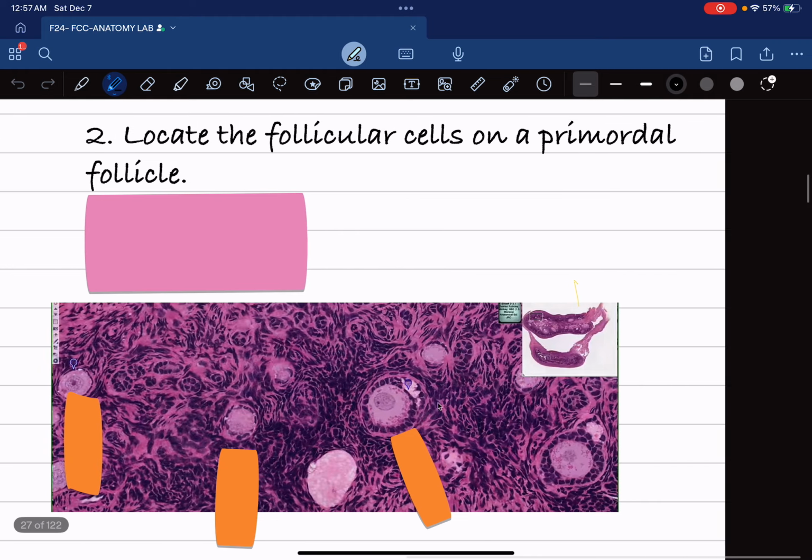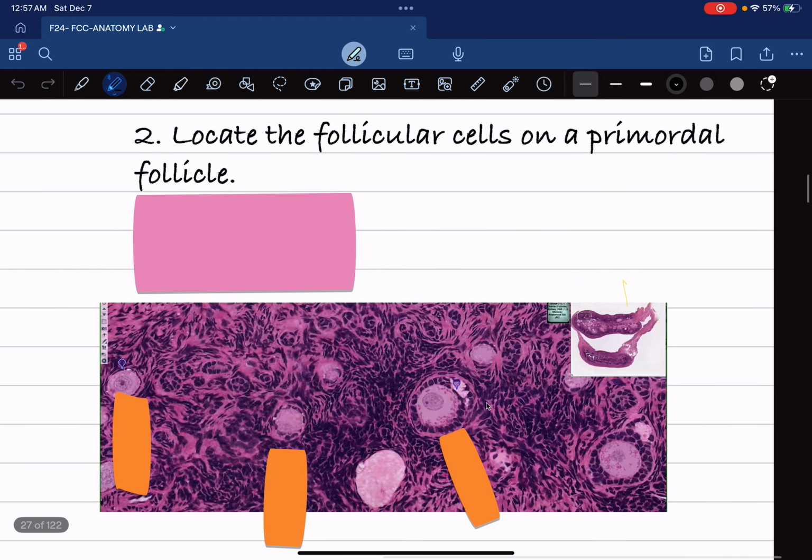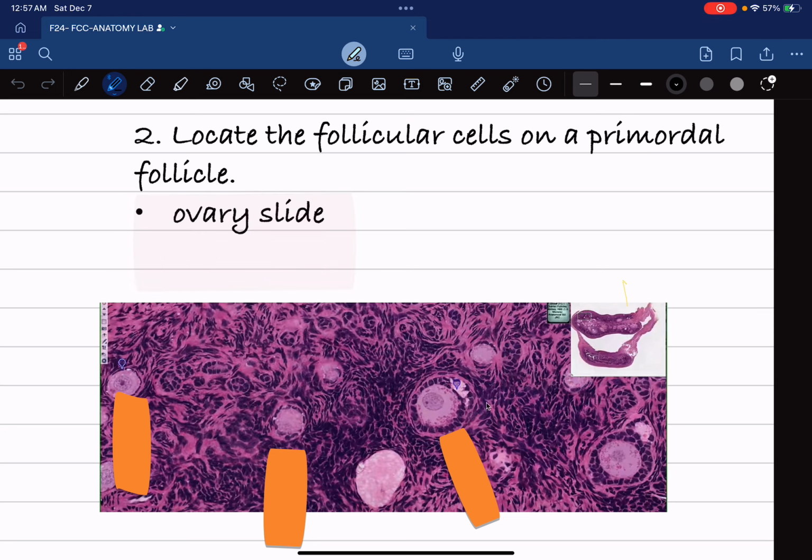Moving on, the next question is locate the follicular cell on a primordial follicle. And just for time's sake, if you selected the ovary slide, you would be right. Now, I made some fake arrows and some real arrows, and if you guessed over here, you would be wrong.